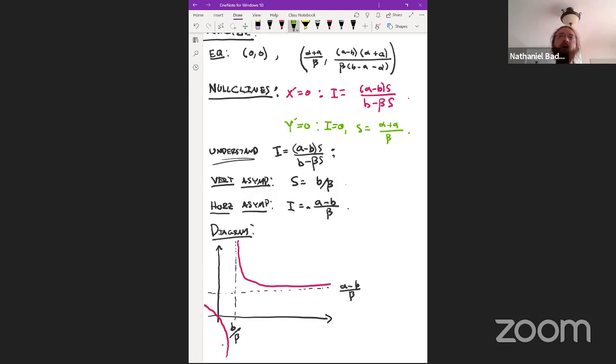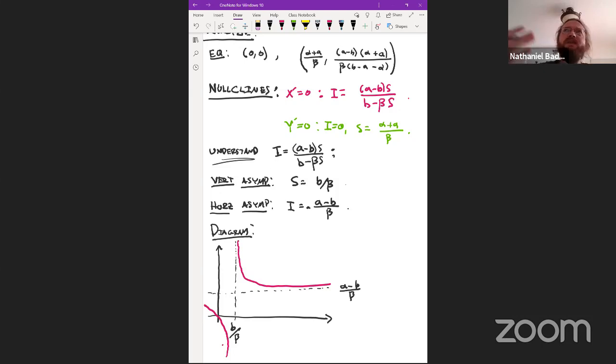In general, no, and we can actually see what's going to happen: if a was less than b, we would be pulling this line down below 0 here. So in the cattle case, you're going to want to assume that a is actually greater than b.